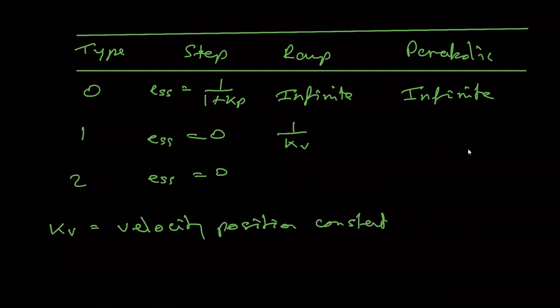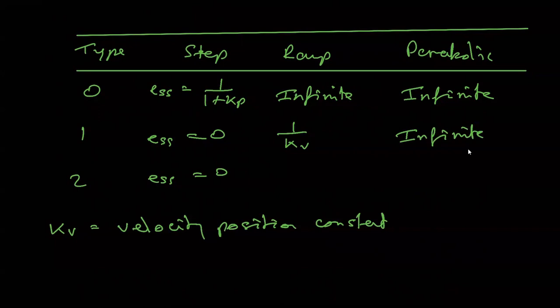So I'd have to ramp up the integrator to infinity in order to squash the error if I apply a ramp. And then for a parabolic input, even one integrator can't squash the effect of a parabolic input.